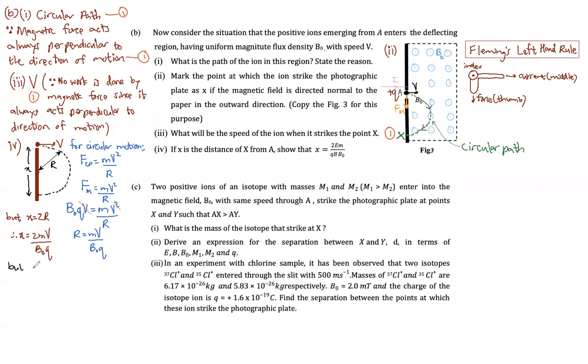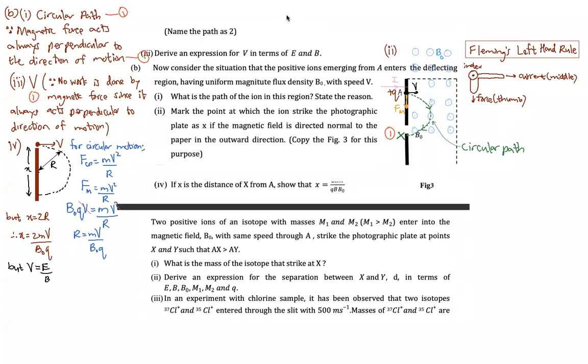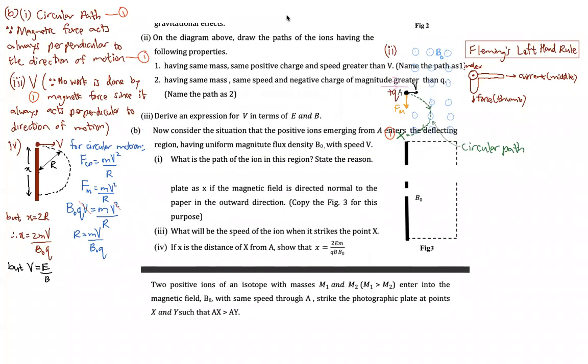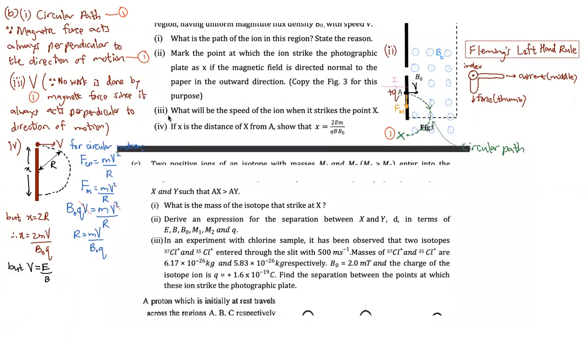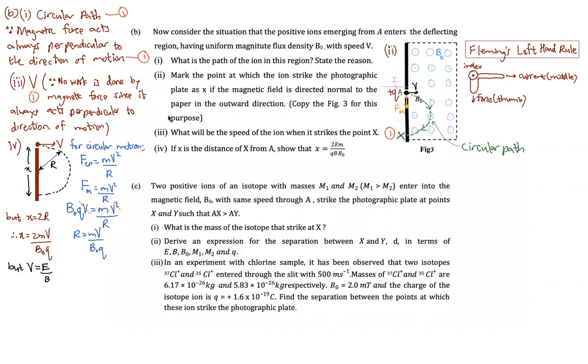Remember, we found an equation for v. What is v equal to? v is equal to E over B, from part a, part 3. We derived an equation for that.